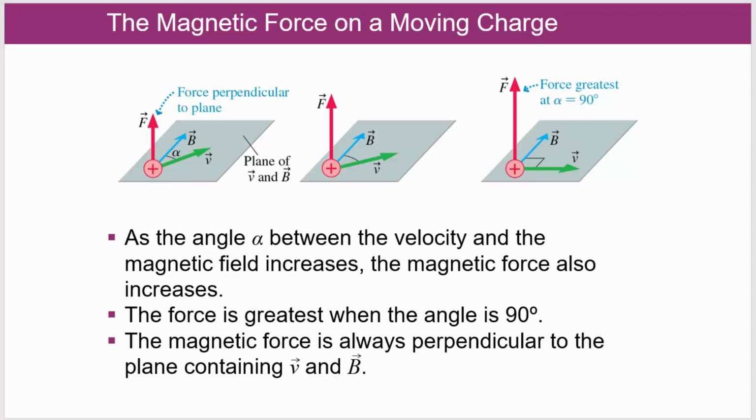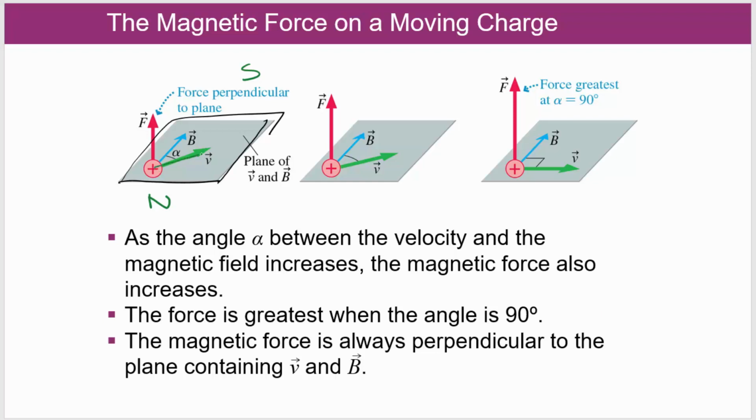So let's say we have a region where there is a magnetic field B, and it's in this gray plane that we have here. That's the external magnetic field. So you can think of this as having a bar magnet here, and this is the North Pole, this is the South Pole. And we have a charged particle that is moving with a velocity v.